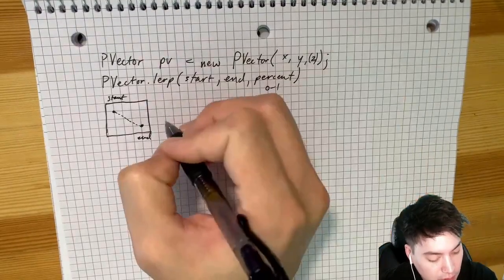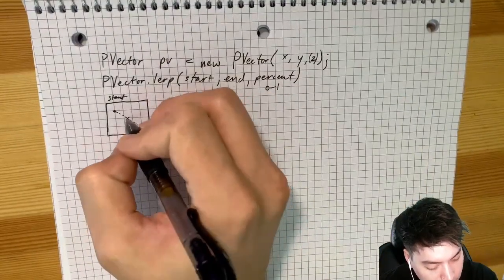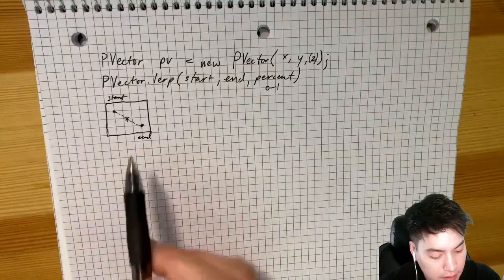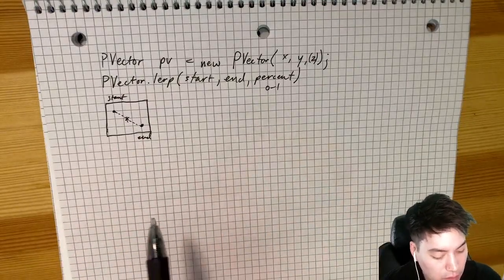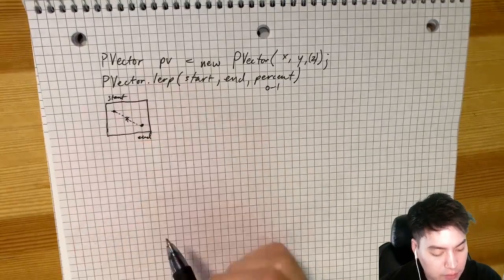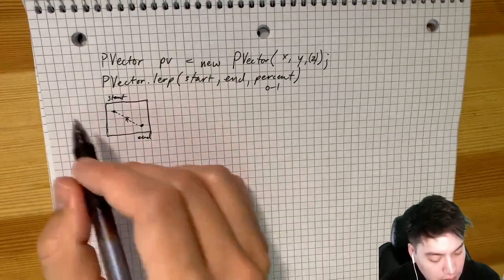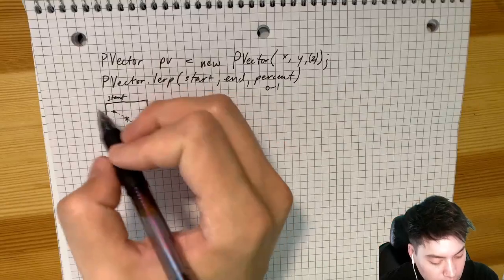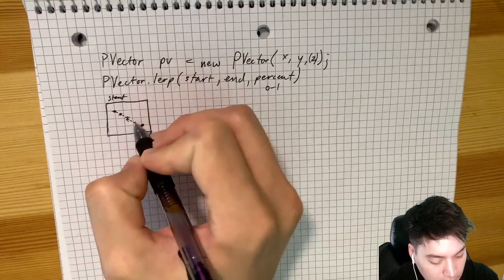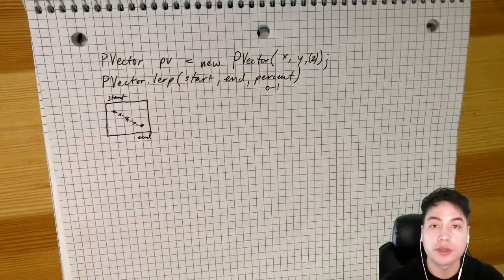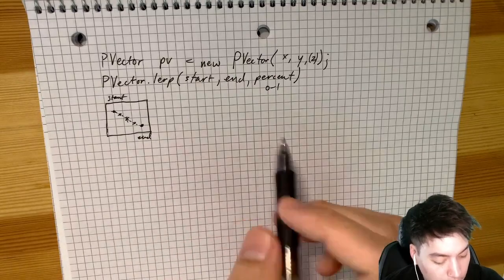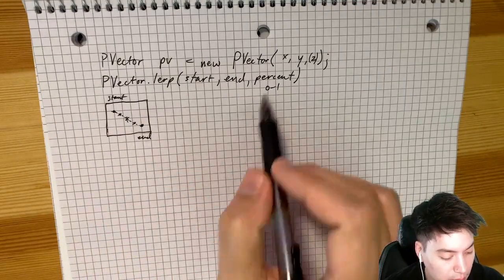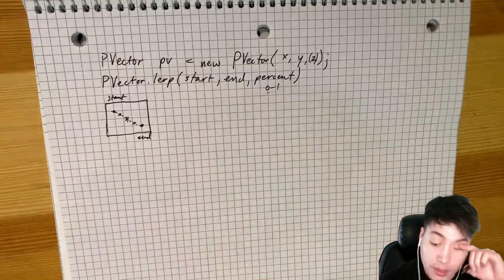If it happens to be 0.5, it's going to find the exact center point between these 2 points. If I make this number 1, it'll be at the end. If I make it 0, it'll be at the start. And so any number in between 0 and 1, so 0.25 is here, 0.75 is here, right? So this lerp function is going to return a vector in between these 2 points based on what you put in this control point.